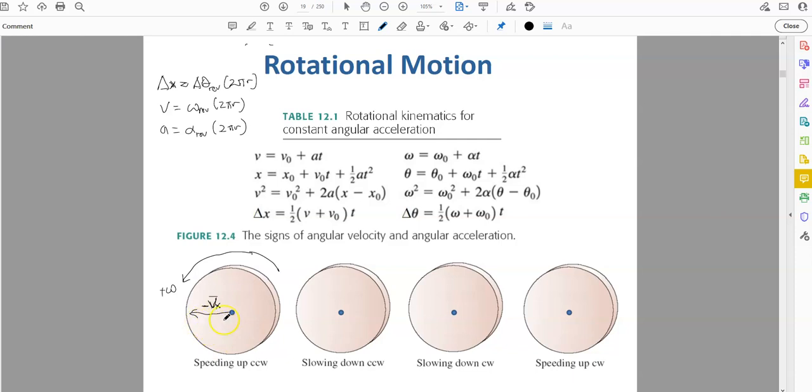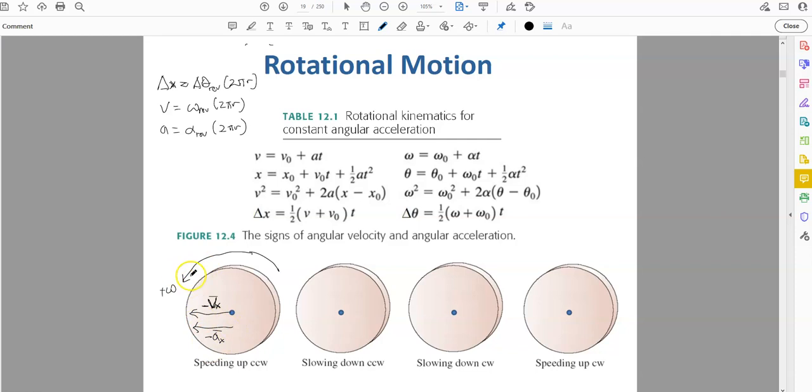Well, if we're speeding up in the negative x direction, the definition of speeding up is that your velocity vector and acceleration vector are in the same direction. So if we're moving to the left and we're speeding up, that means your acceleration vector is also going to be to the left as well. That's the definition of speeding up.